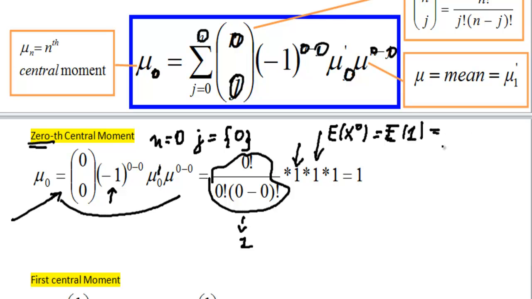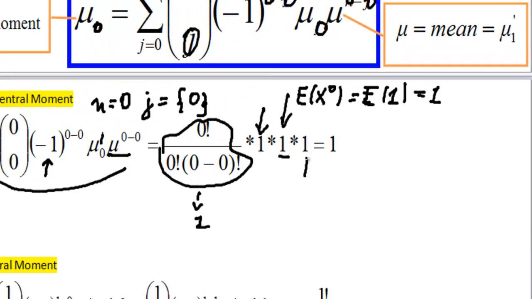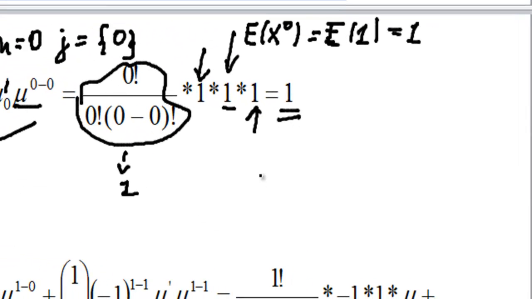And the expectation of a constant is just the constant, so this is going to be 1. And now the last term, which is mu, i.e. the mean, raised to the power of 0. Anything raised to the power of 0 is just 1. It turns out that the zeroth central moment is 1.